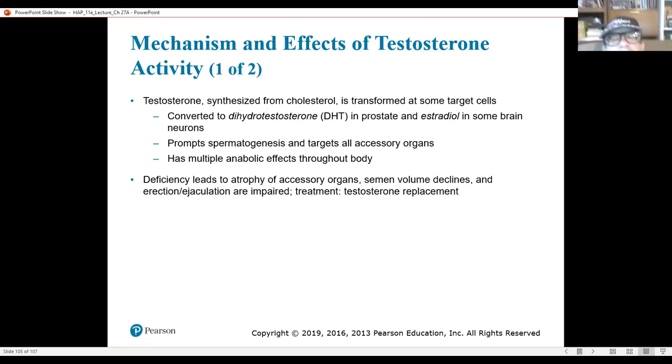All right, so testosterone is actually a derivative of cholesterol. Some of the target cells will convert it into other hormones.